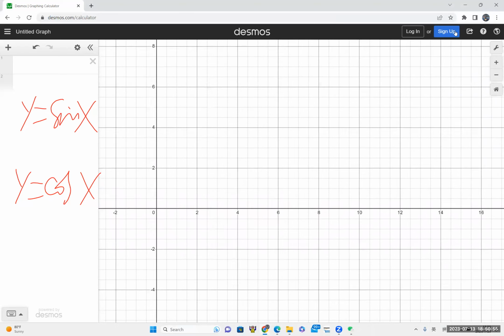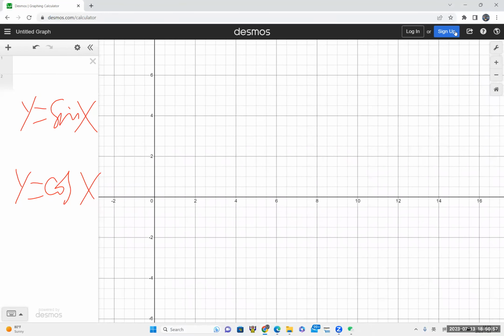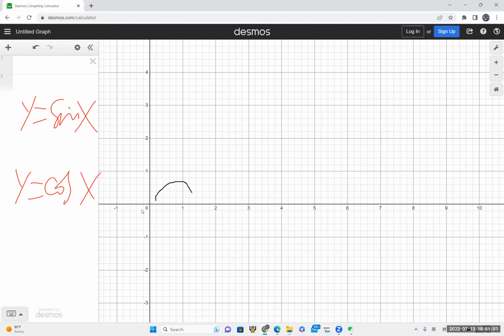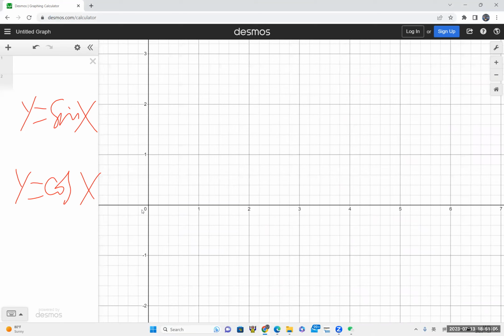I'll calculate this for you. Okay, I think this is good now. You say pi is 3.14. It's just about here. No, here is 2 pi. Then pi is about here.